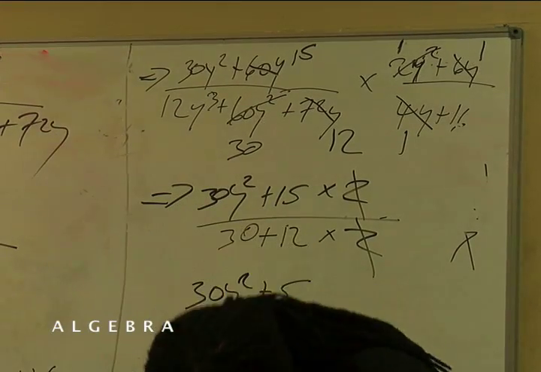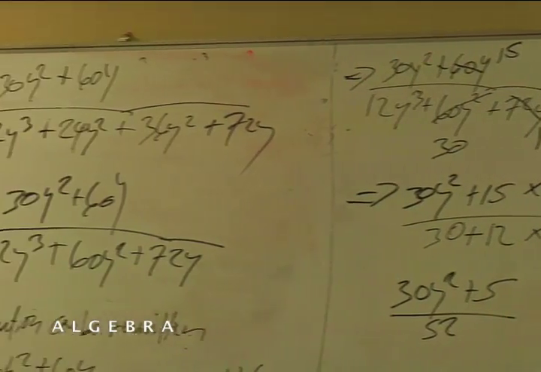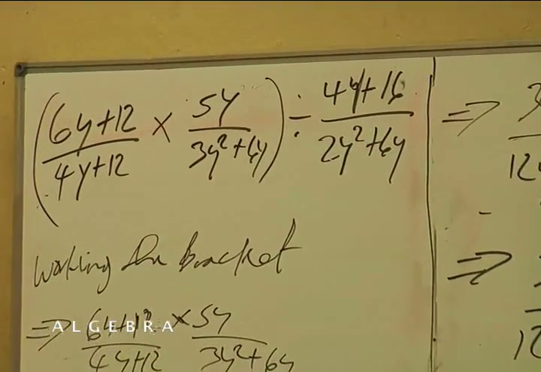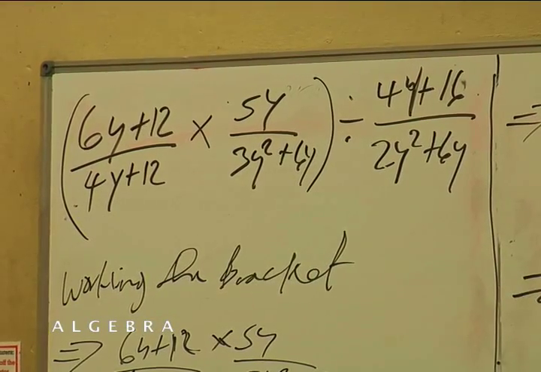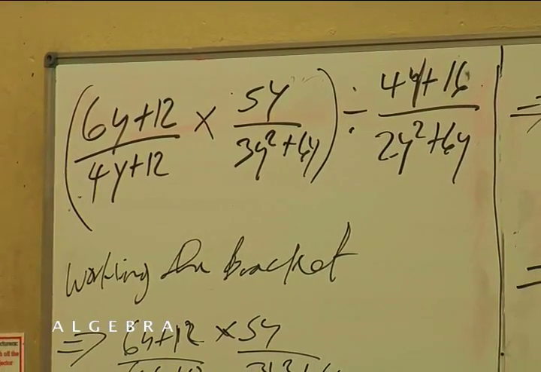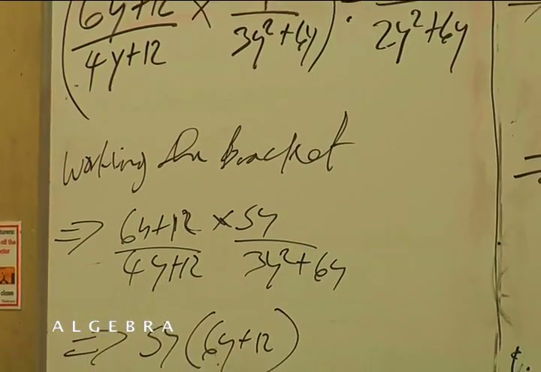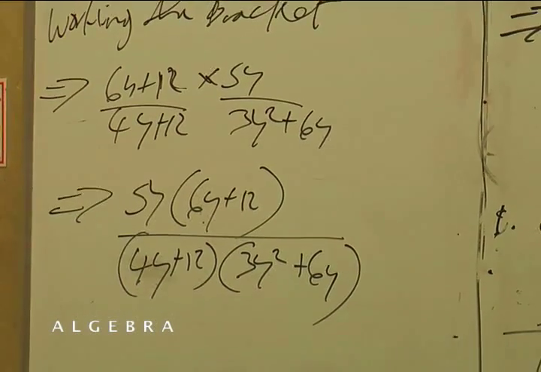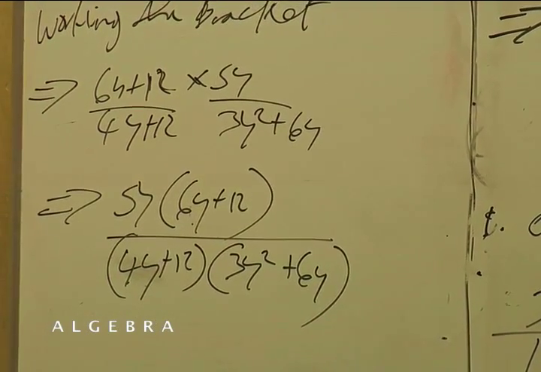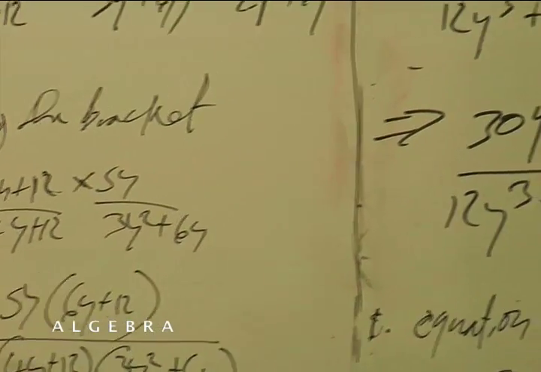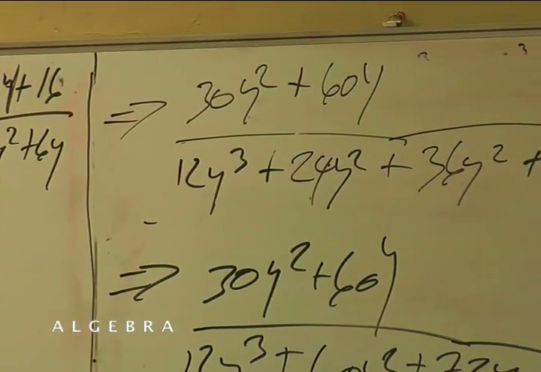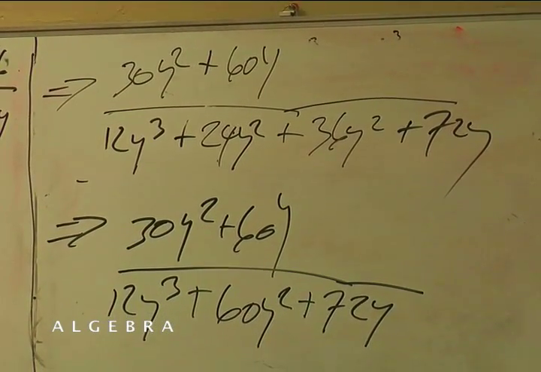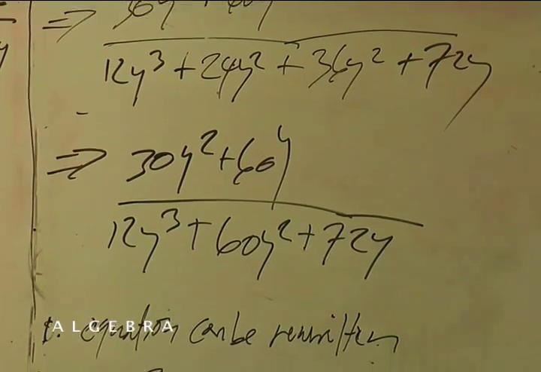I think I did something wrong. 30y squared, self-test. Something wrong.